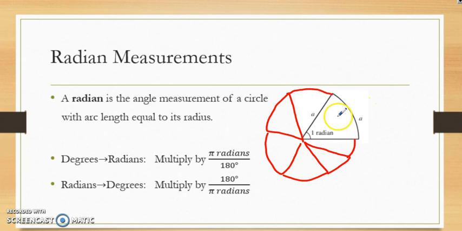So all the way around you have 1, 2, 3, 4, 5, 6, and then about 0.28 of another radian, which is where the value of the circumference of a circle being equal to 2 pi comes from, because 2 times 3.14 is 6.28.